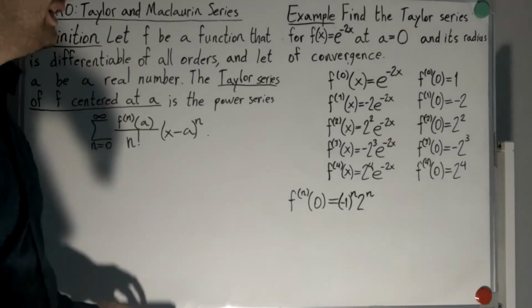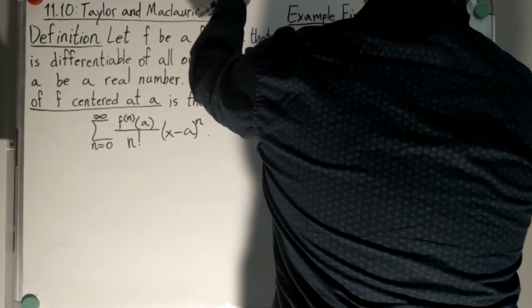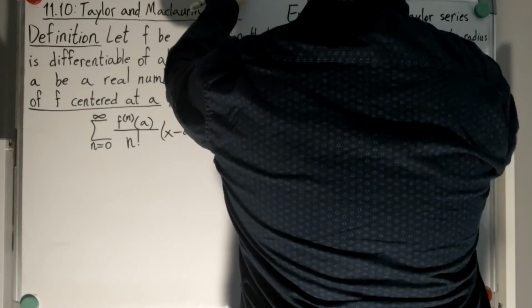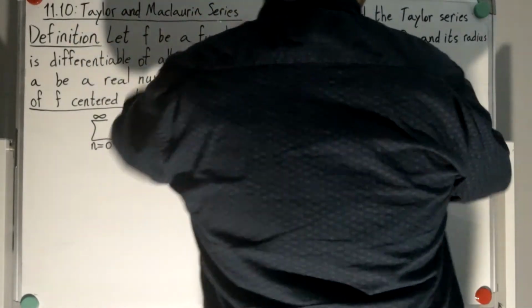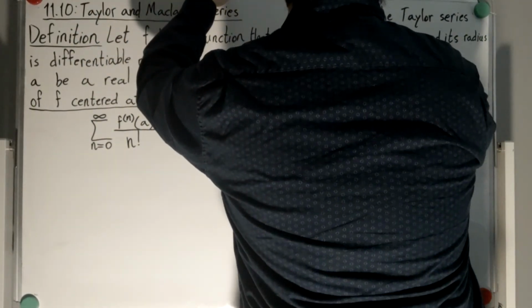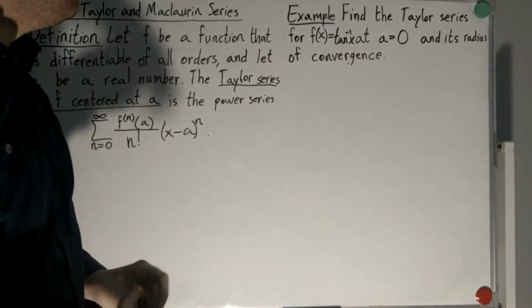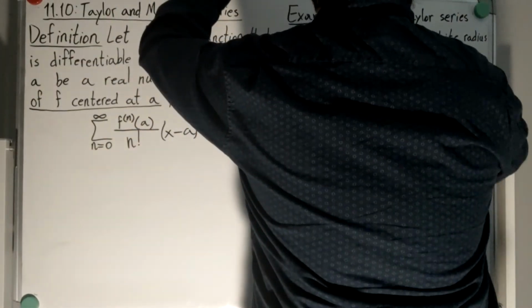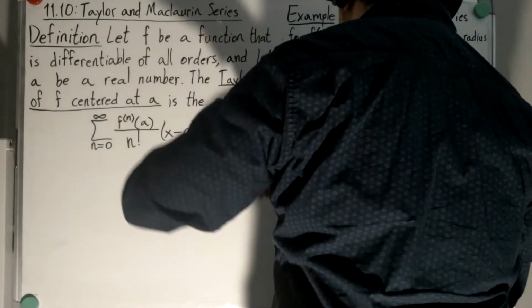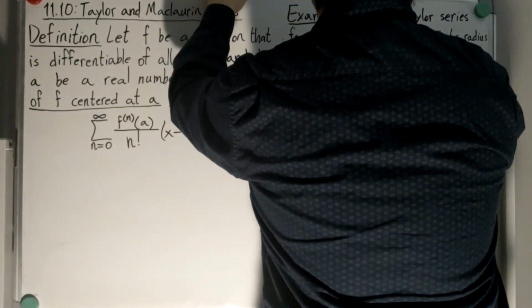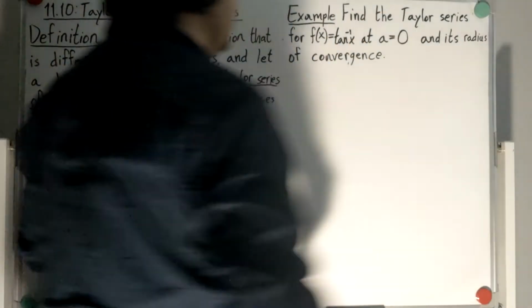Okay, so in the following example, I'm going to try to figure out the power series representation of arctangent x, which we did before, right? But now this time I'm strictly going to just use the definition of the Taylor series to figure it out.